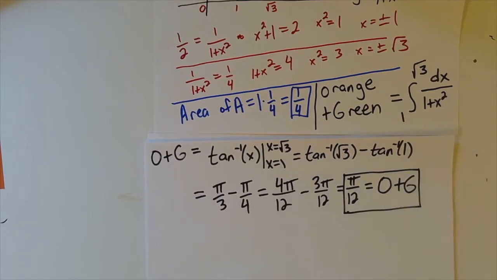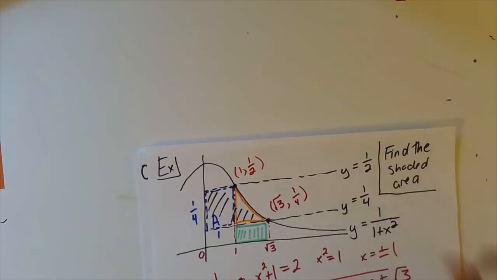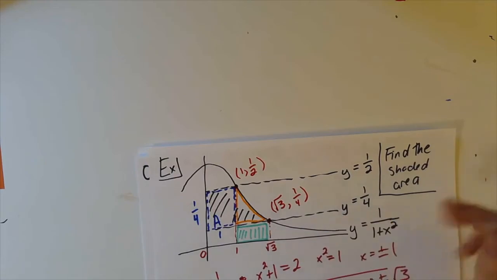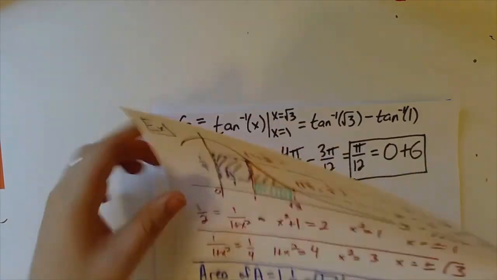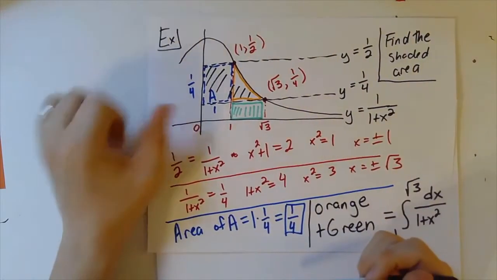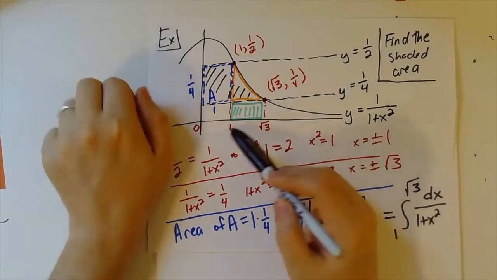Okay, now I have to figure out how I'm going to put all of this together, because I really just want the orange area. Okay, that's what I want. I don't care about the green area. The only reason I care about the green area is that I could calculate the orange and green area together. But here is where I'm lucky again. The green area is a rectangle.